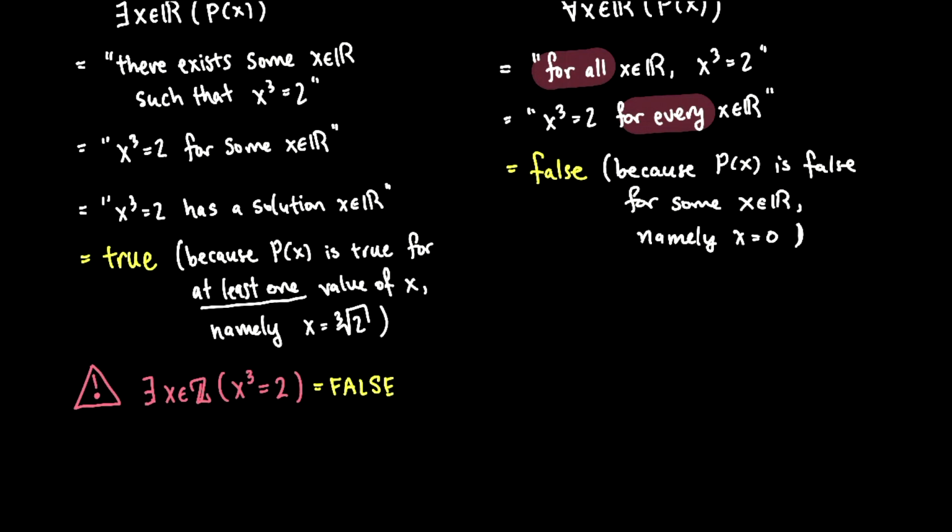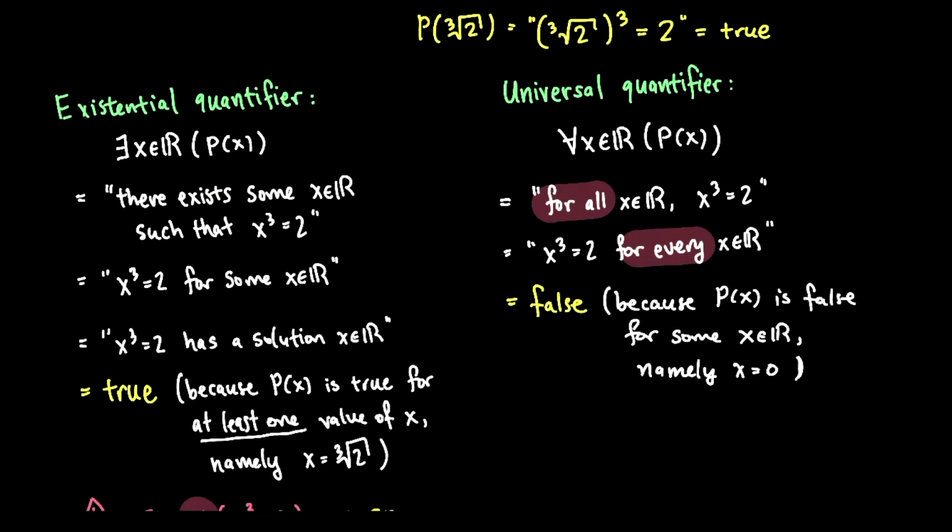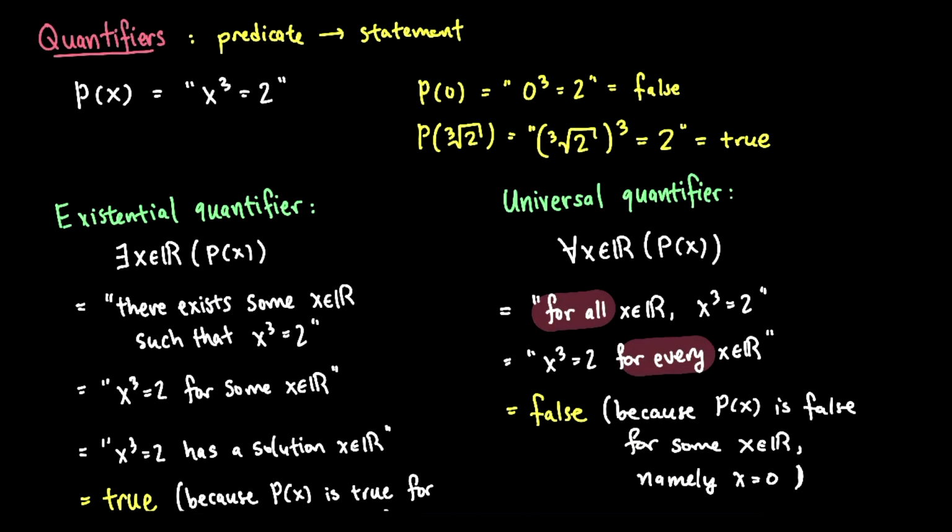There's a real number satisfying this equation, but there's no integer satisfying this equation. So it actually matters what set you quantify over. For some sets the predicate might become true, for some sets the predicate might become false. All these are examples of quantifying a predicate with a single variable, p of x.